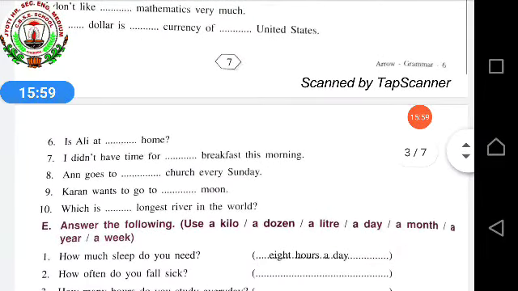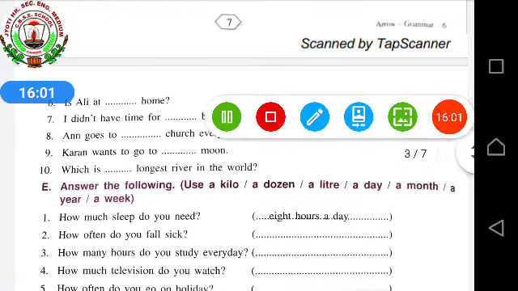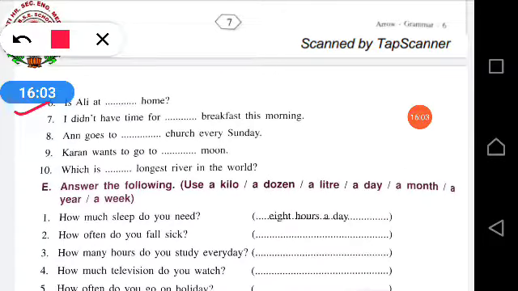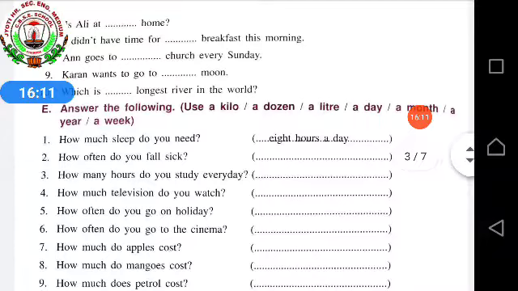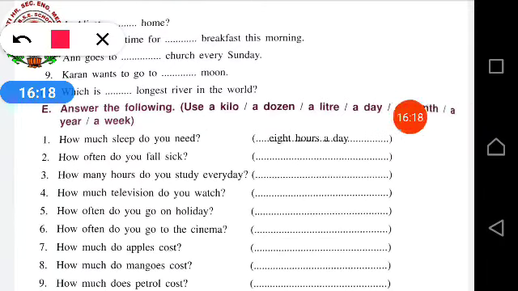In the same way, now you people will be doing 6th, 7th, 8th, 9th, 10th. Okay? Then next question E. Answer the following using a kilo, a dozen, a liter, a day, a month, a year, a week.